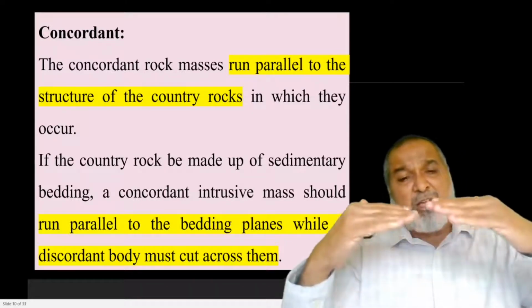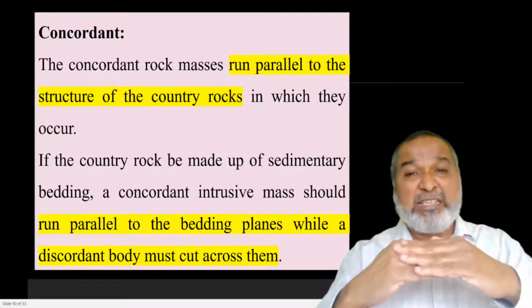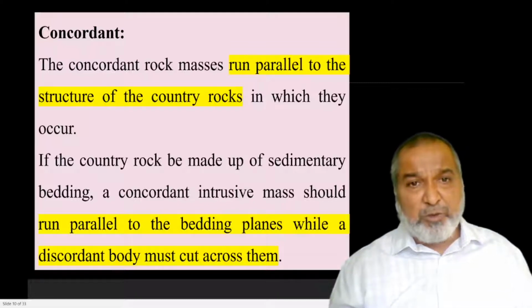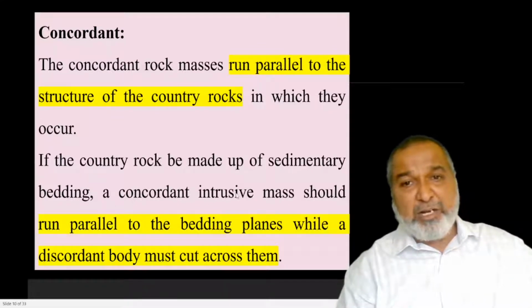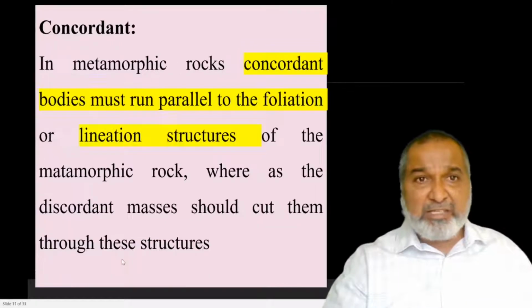If it is sedimentary rock, the material will be deposited parallel to the bedding, and it is called sill deposits. That is how sills form. So a country rock is made up of sedimentary bedding, and a concordant intrusive mass runs parallel to the bedding, while a discordant one will be cutting across. That is the dike, which we already saw.